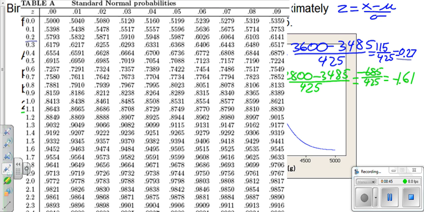Then the next number over after my 0.2 is 0.07. So I've got to go to that 0.07 here. So I need to go across this row and down this column, and then I end up getting this number right here. So I'm going to have to write that down.